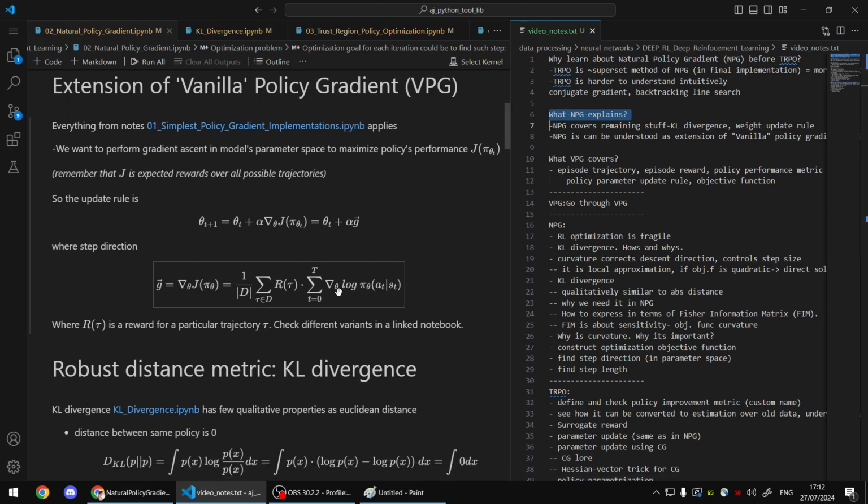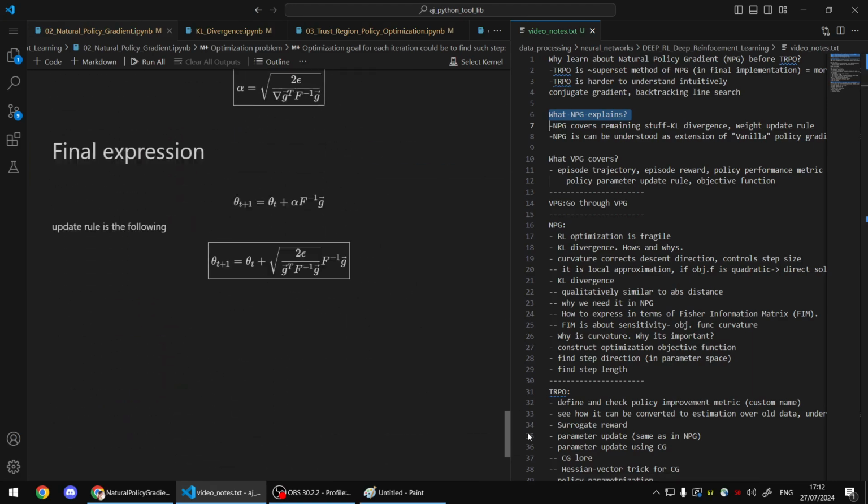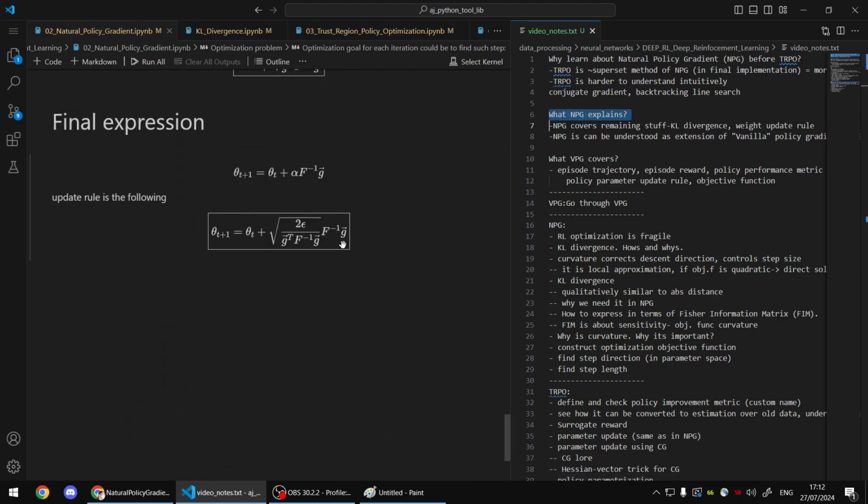Surprise, it's constructed from the same stuff. One problem maybe is we have to invert Fisher information. So each iteration we have to do it. It's expensive. It takes a lot of memory.